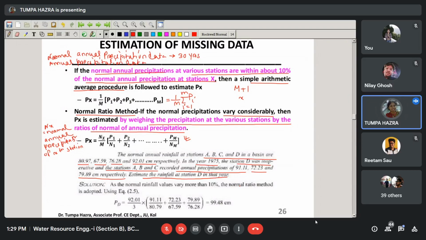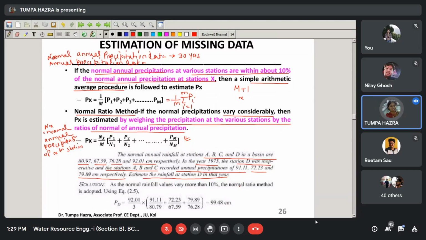I repeat, you have 4 stations A, B, C, D and you have 4 normal annual rainfall data for the 4 stations. But for a particular year 1975, the A, B, C stations are operative, but for some reason D station was inoperative, so you don't have the data of D station.